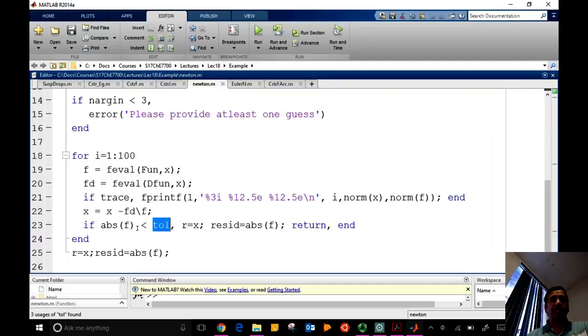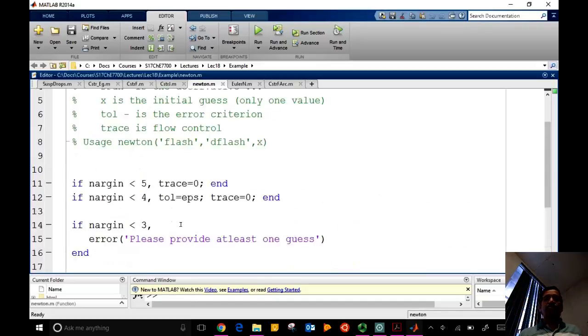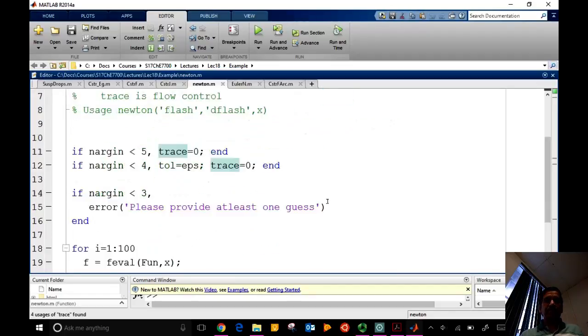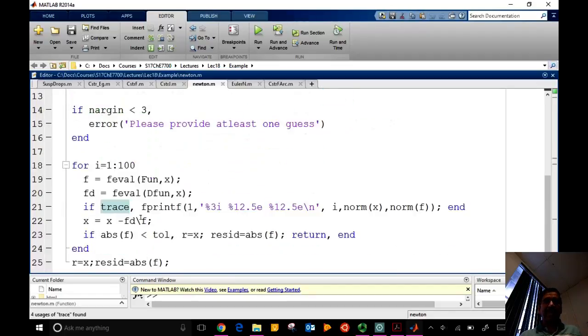That's the tolerance. If the absolute value of f is less than tolerance, it's converged. So I take the x, put it into R, my converged root, and I return R. But I also return the iteration number and the residual. Okay? And as I said, the last one is the trace, which is used here. If trace is true, then print every iteration. Otherwise, don't print. Just give the final result and move on to the next parameter.